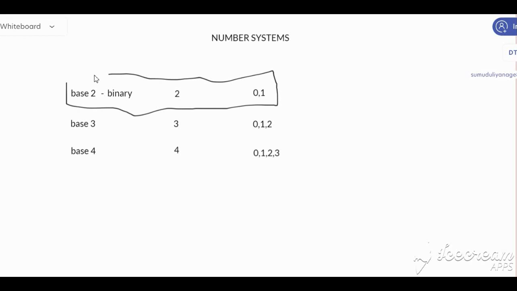Okay, and there are two more number systems which are useful. Base 3 and base 4 number systems are there, but we don't use them quite frequently. But there are two number systems, that is base 8 and base 16. You can have a lot of number systems, but I will talk about only some important number systems now.